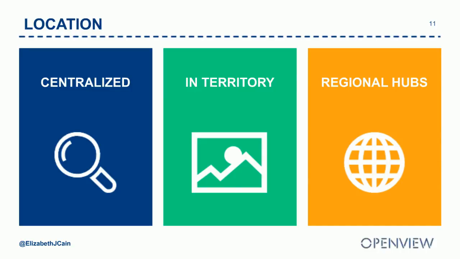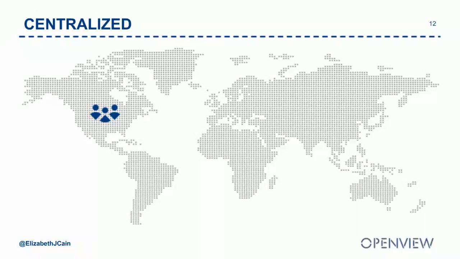You put them all in one location, and whether that's at your headquarters or somewhere else, you pick one spot, you put all your BDRs there. And there's a lot of advantages to that. You get one spot where you're training, you get everybody in one place, you have a consistency of message, you have really consistent coaching because you have managers looking over that same group of people, managers knowledge sharing when you get enough people in that scale to have a couple managers in one spot.